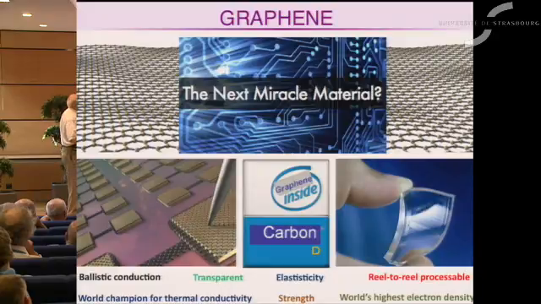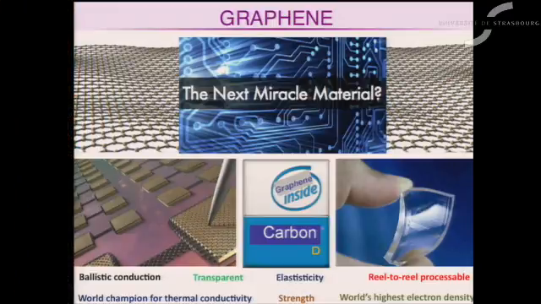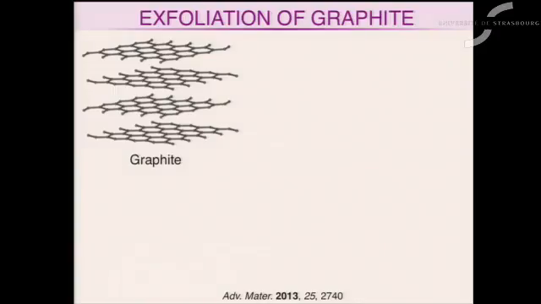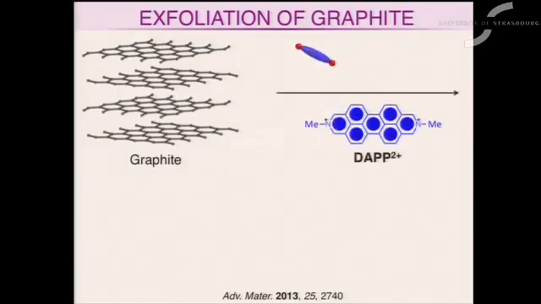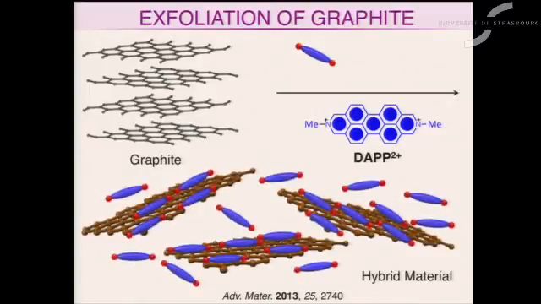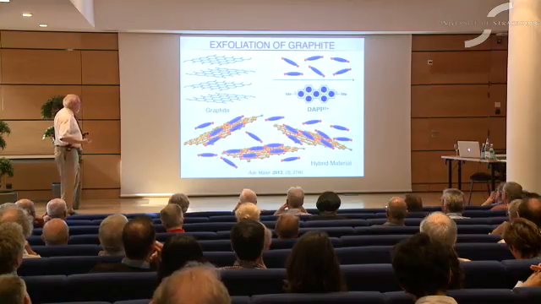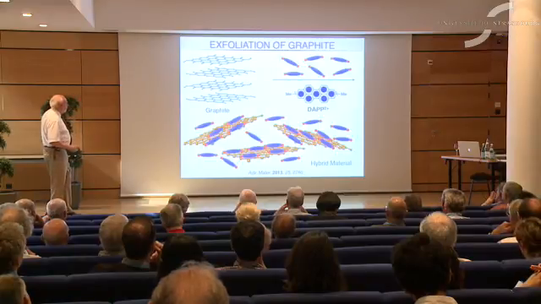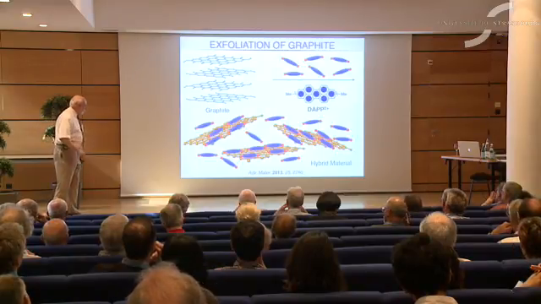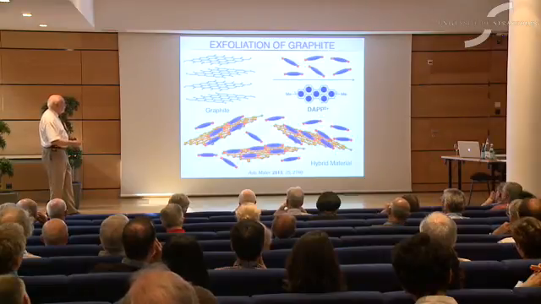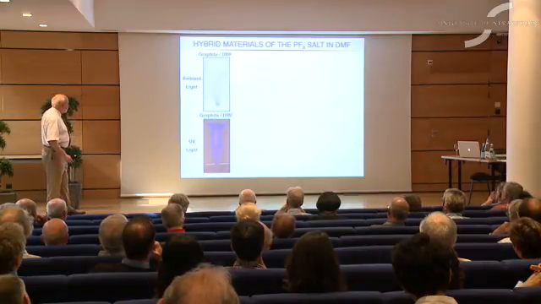Now, this is a topic, of course, that is hot, and there's many reasons why one should study graphene. And I'm not going to preach to the people here who probably know more about this area than I do. But from the point of view of using DAPP, the idea was if they could be brought into graphite and effectively challenge the stacking that we have in the graphite, they might be able to form this hybrid material and prise the graphene sheets apart.